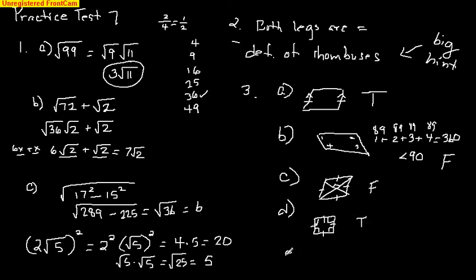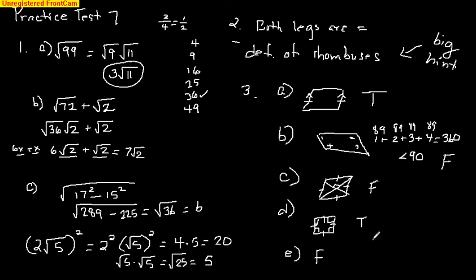And E. The base angles of a trapezoid may be supplementary. The answer to this one is false, and I am not exactly sure why. I found several things wrong in these answers, so I just figured this one says the base angles of a trapezoid may be supplementary. I think it's true.